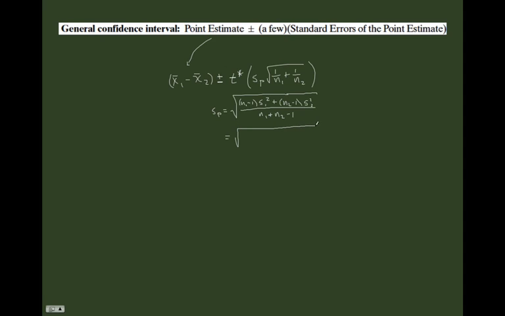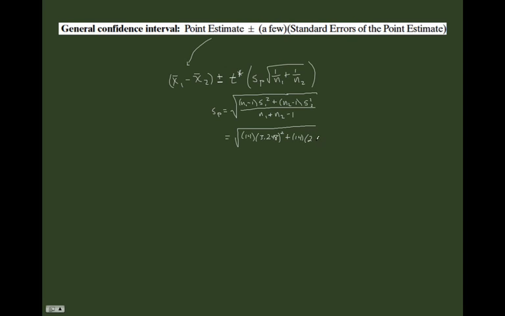Both samples are of size 15, so 15 minus 1 is 14. The first standard deviation was 3.248. And the sample size for the second sample was also 15, so 15 minus 1 is 14.